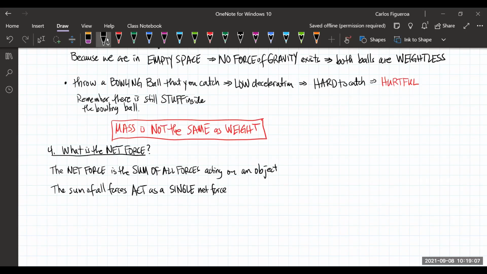So in other words, individual forces are not felt by an object.